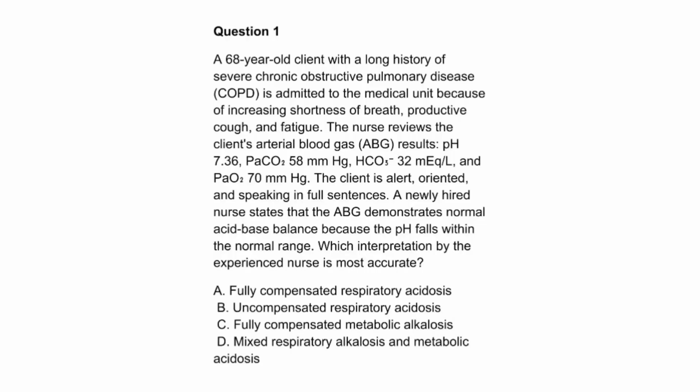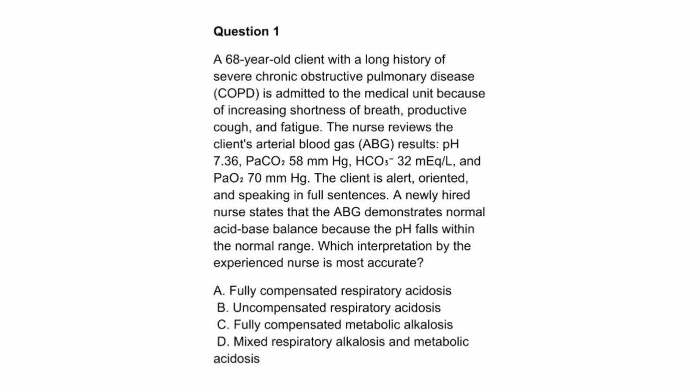Question 1. A 68-year-old client with a long history of severe chronic obstructive pulmonary disease, COPD, is admitted to the medical unit because of increasing shortness of breath, productive cough, and fatigue. The nurse reviews the client's arterial blood gas, ABG, results. pH 7.36, PaCO2 58 millimeters of mercury, HCO3 32 milliequivalents/L, and PaO2 70 millimeters of mercury.